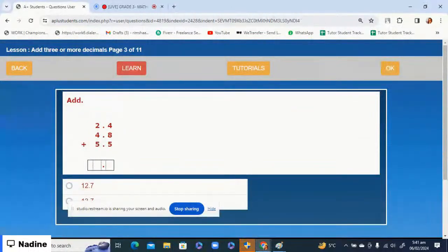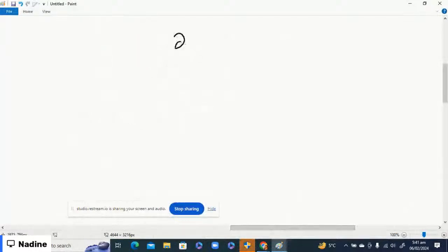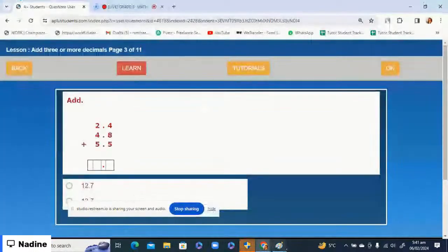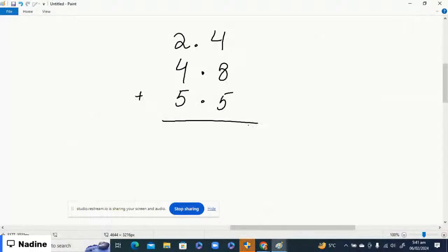Now you guys solve this one. 2.4, 4.8, 5.5. I'm going to write it down here. Now it's addition. Now add it. 4 plus 8 plus 5.